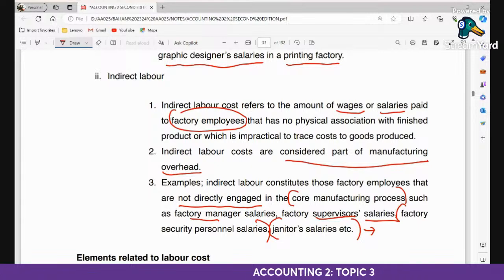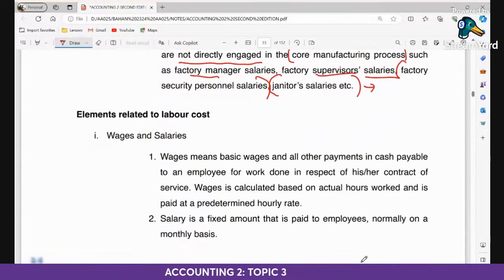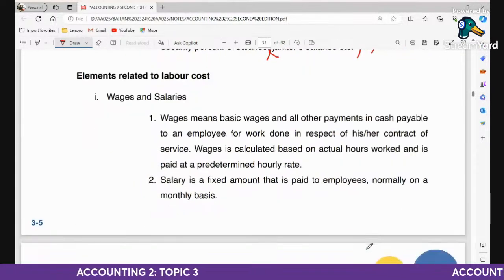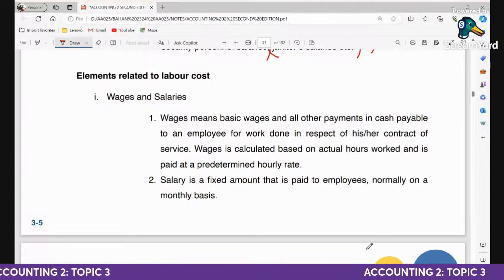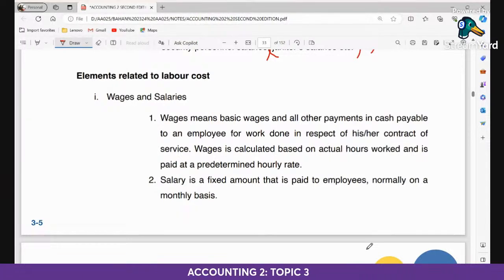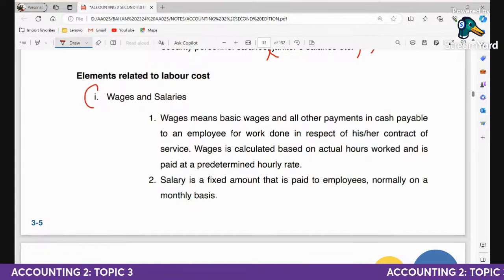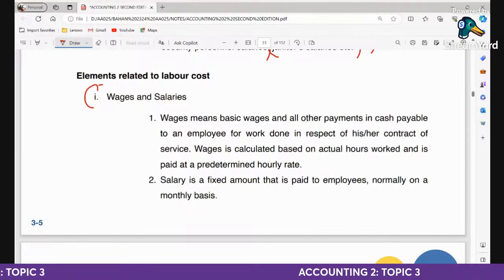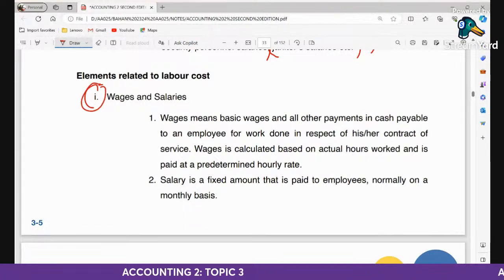Okay, moving forward. Kita tengok elements related to labor cost. What are the elements that is related to labor cost? As you can see here, yang pertama kita ada ialah wages and salaries. Yang ini saya rasa tak ada masalah dari segi definition because everybody can define what is the meaning of wages, what is the meaning of salaries.